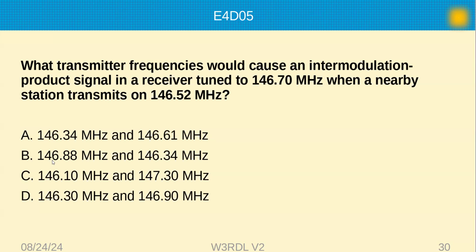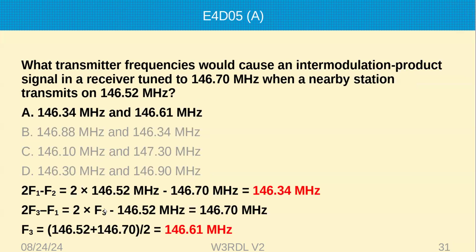But I think the trick is you end up with a frequency that's the difference between the 2 signals below. So that would give you your 146. They made it more difficult than just simple F2 minus 2 times F1. The other one splits it. Because you actually have to do some algebra, because you have a different unknown, and you have to solve it to come out with their 2 answers.